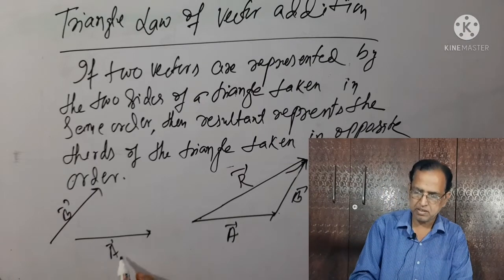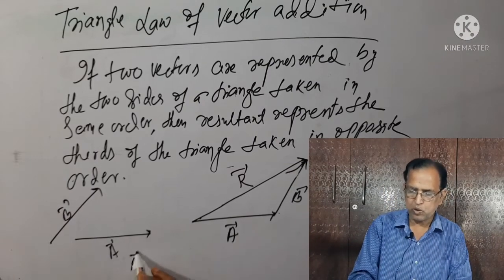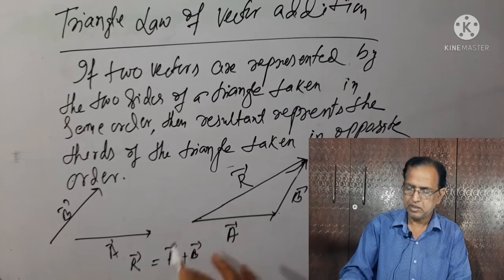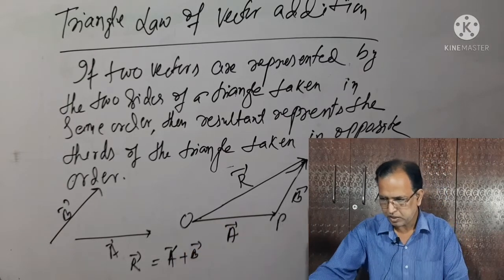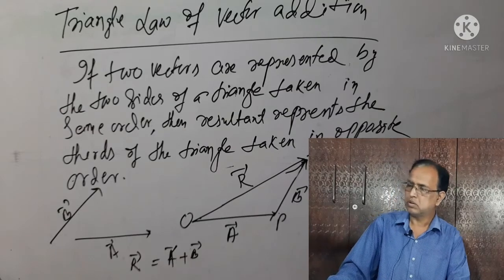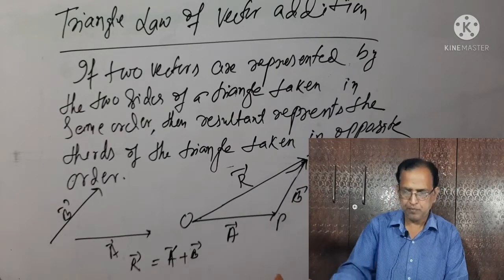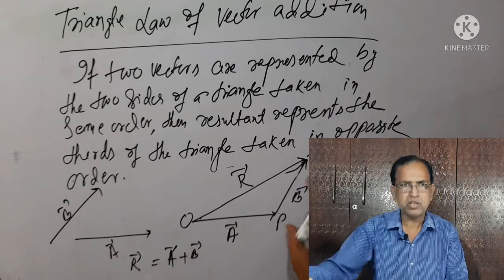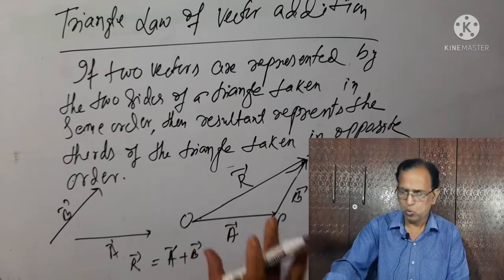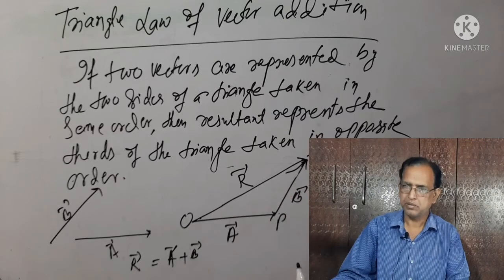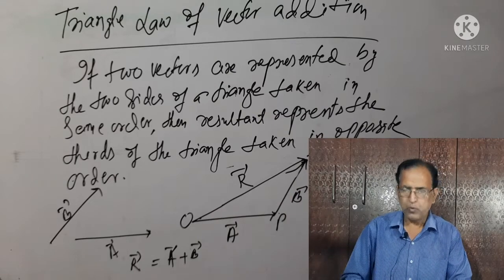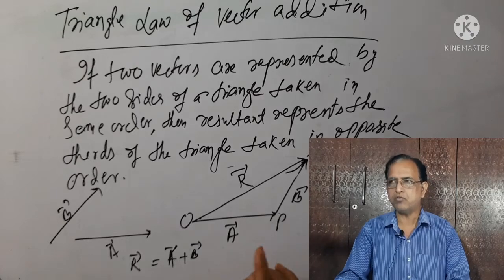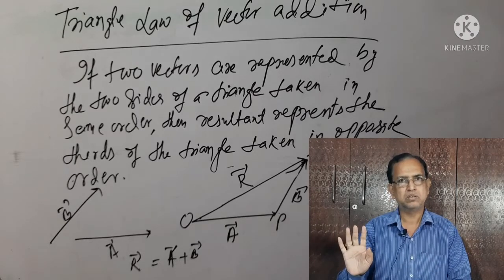That means R is equal to A plus B. In the triangle OPQ, OP is a vector A, PQ is another vector B, OQ is the R. So now we can find out the magnitude and direction of the resultant vector. Clear?